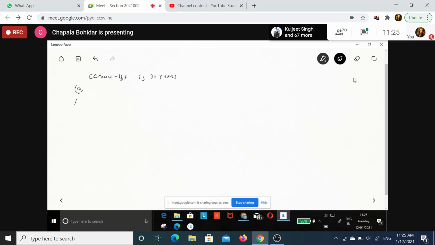B. How much of the sample remains after 100 years? Now once again, part A: find the mass that remains after t years.